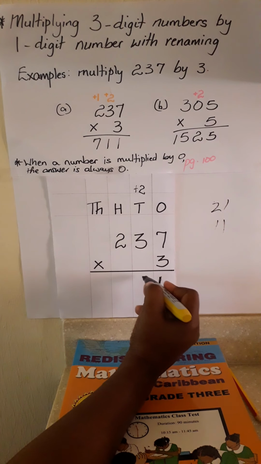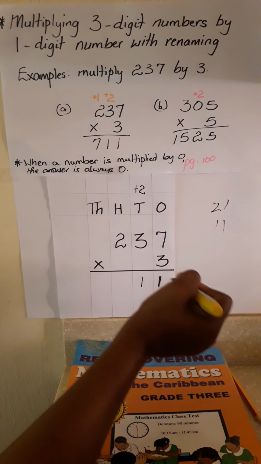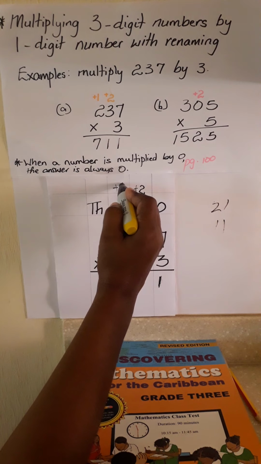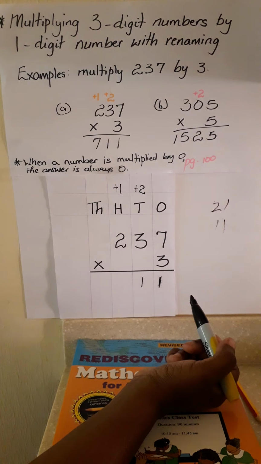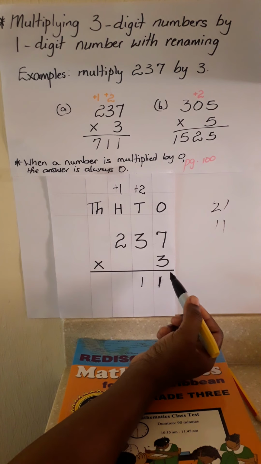And so we are going to put that 1 under the tens column, and then we are going to take the other 1 over to the hundreds column. We are going to remember to add it when next we do our multiplication.